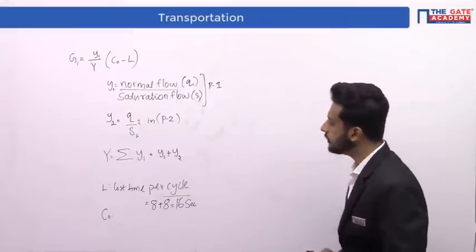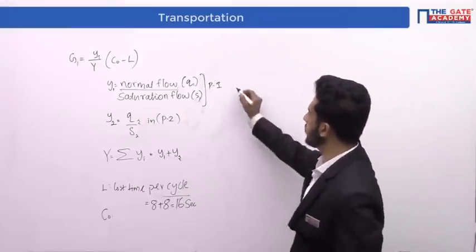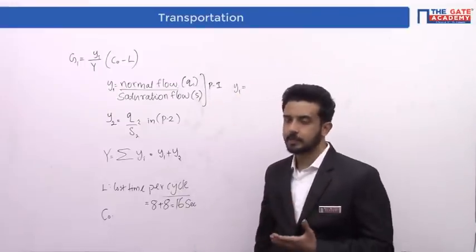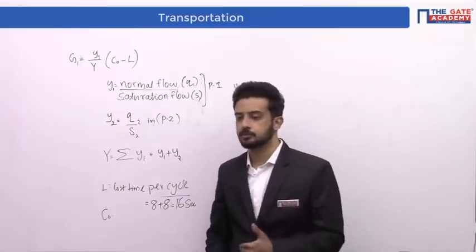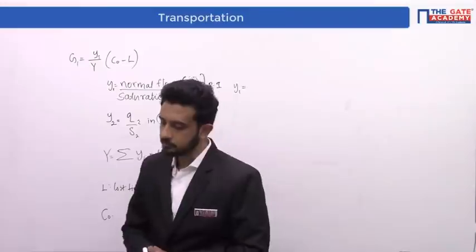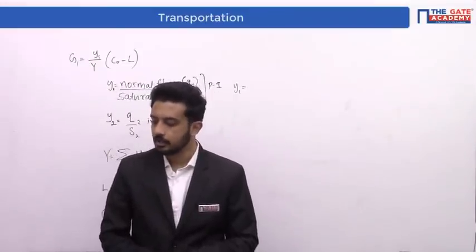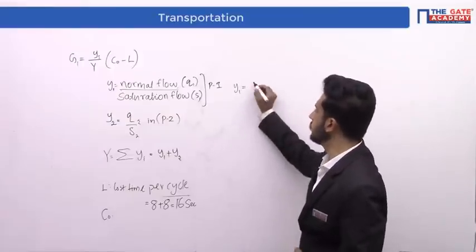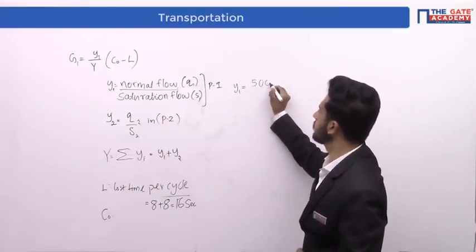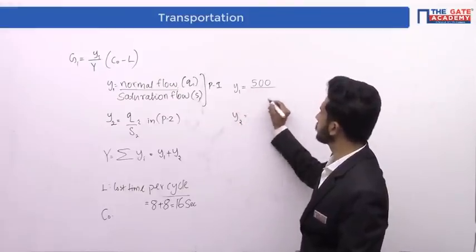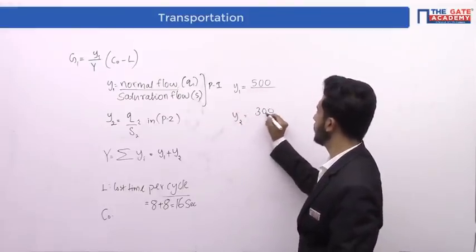Now, how to find out the value of Y1? The normal flow divided by saturation flow in the first phase. So check the question. What have they given? They have given that the normal flows are 500 and 300 respectively. So Q1 they have given as 500, and Q2 as 300.